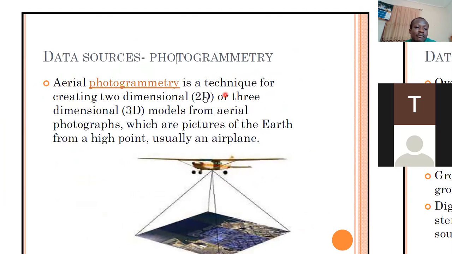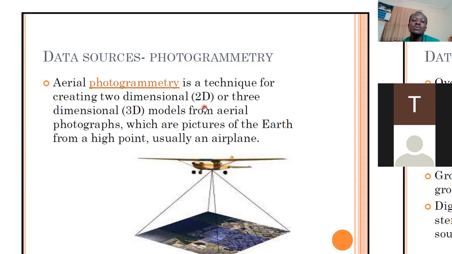It's a technique for creating two-dimensional or three-dimensional models. You can obtain the three-dimensional coordinates of points within a certain common overlap region, which is about 60%. So you take photographs that overlap, and that allows you to generate a 3D model.